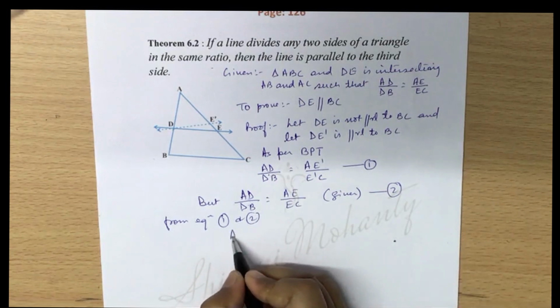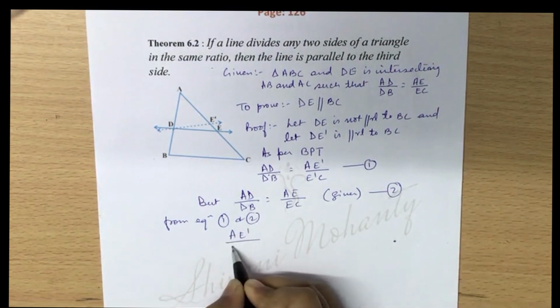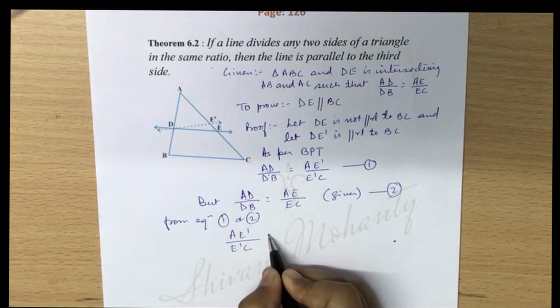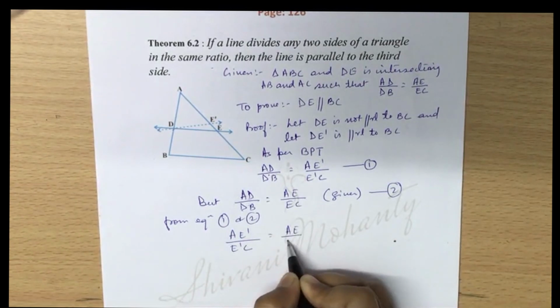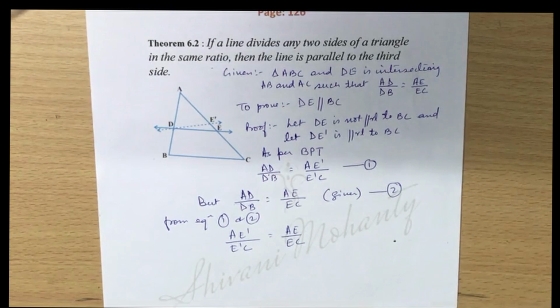So I can write AE dash by E dash C is equal to AE by EC.